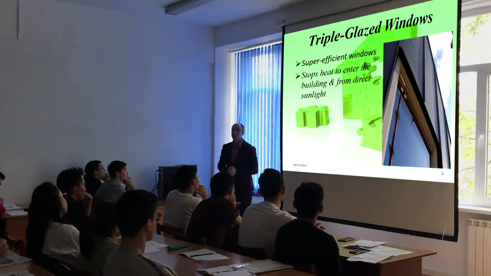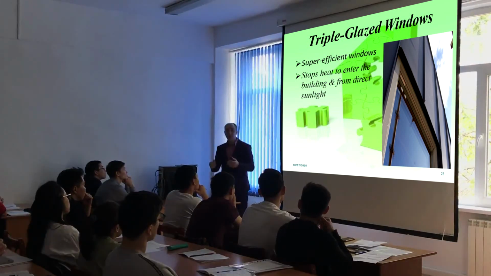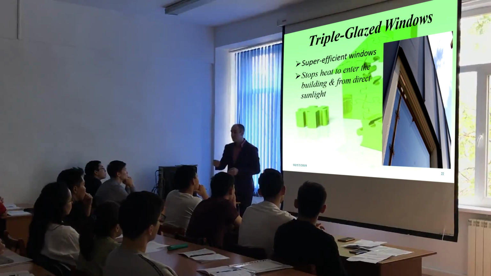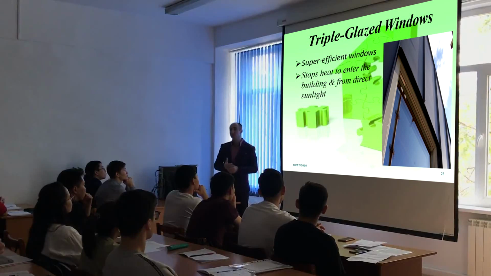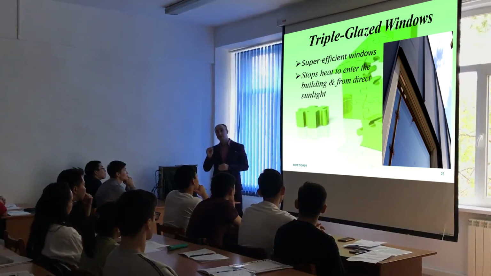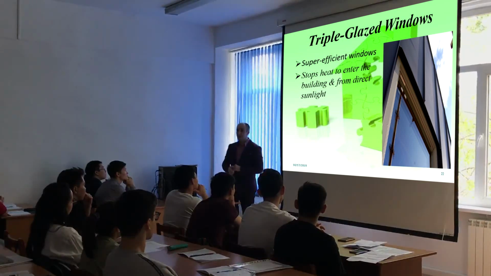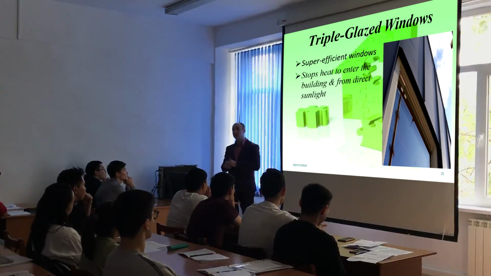Glazed windows. There are various types of windows, double glazed windows, triple glazed windows. It depends on where we construct our building, according to the outside temperatures. If the outside temperature is below zero, in the winter, we need to apply energy efficient windows, which will not lose any part of our heat during the winter.